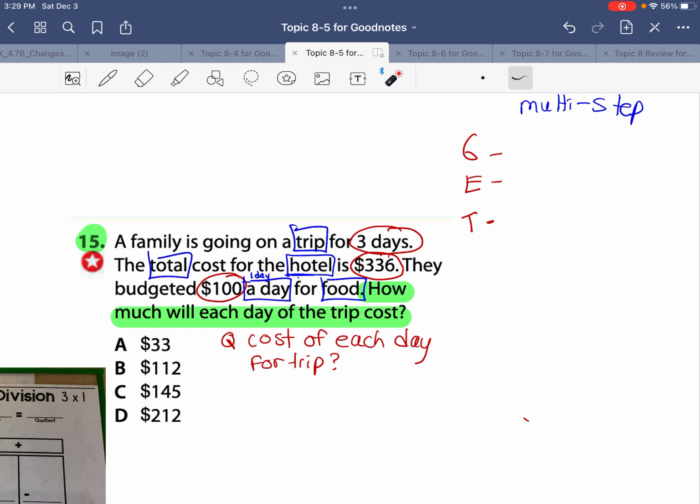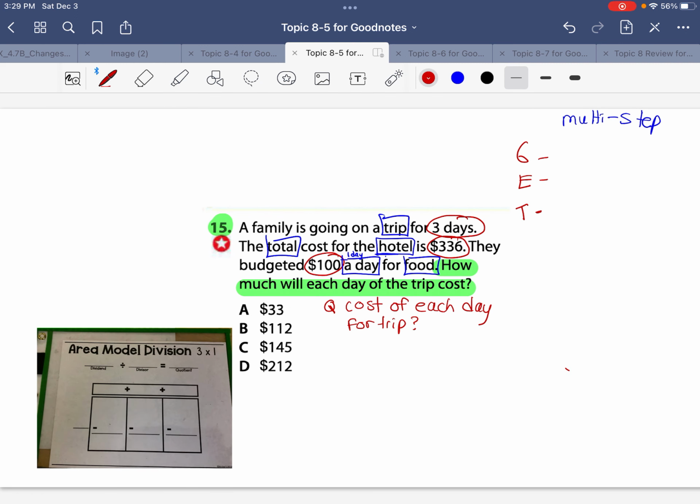So I first need to figure out, it says they budgeted $100 a day for food. And remember, their trip is 3 days. So for 1 day, I'm just going to put here 1 day, $100. The second day, $100 again, because it says $100 a day for food. And then the third day is also $100.